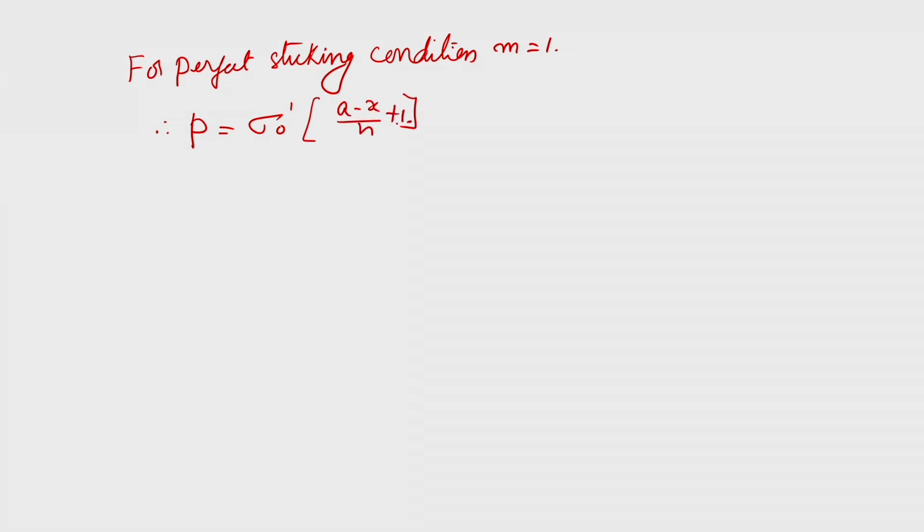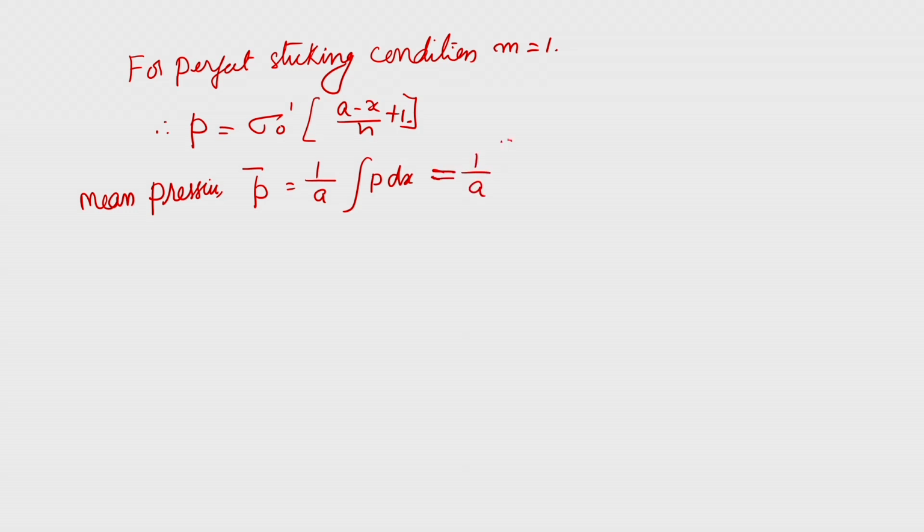We can write this equation, and the mean pressure p bar is equal to 1 by a into integral p dx, that is equal to 1 by a into the integral from 0 to a.